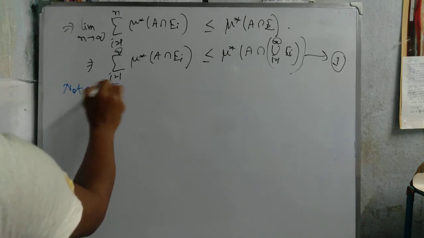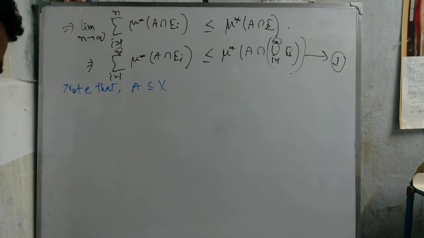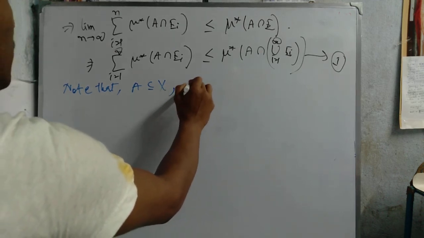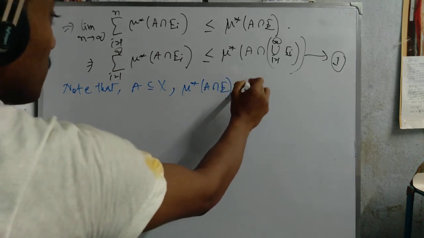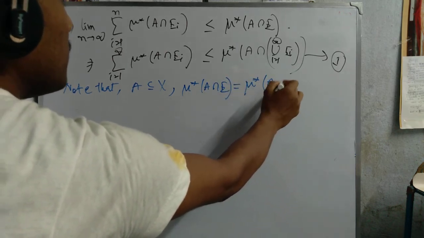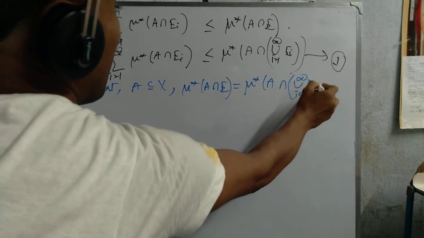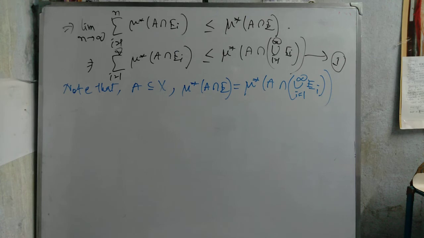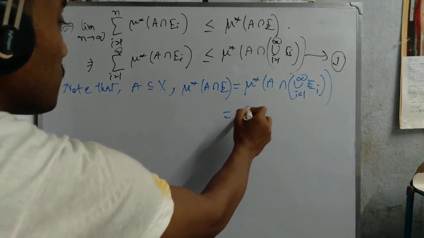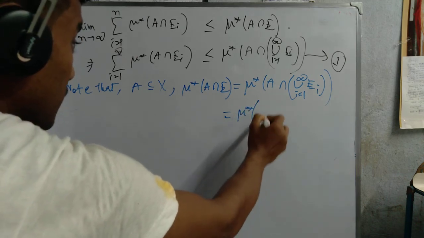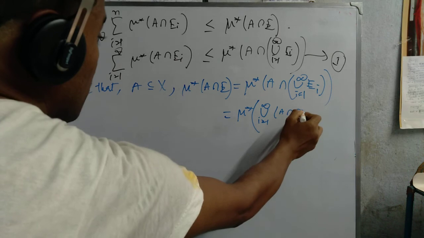Note that A is a subset of X. Then mu star of A intersection E equals mu star of A intersection union of i equal to 1 to infinity E_i, which equals mu star of union of i equal to 1 to infinity A intersection E_i.